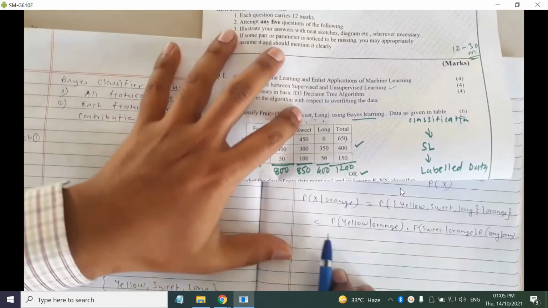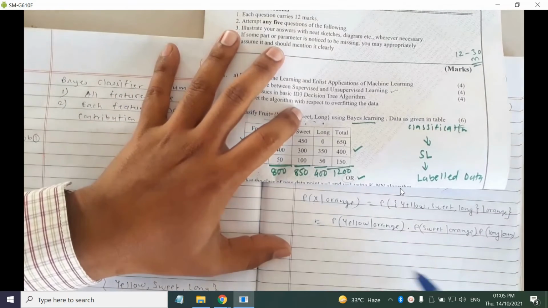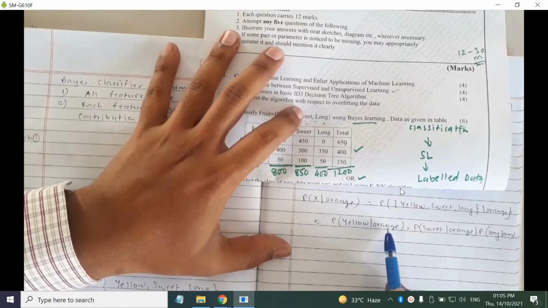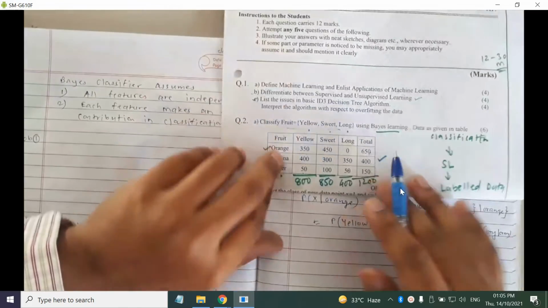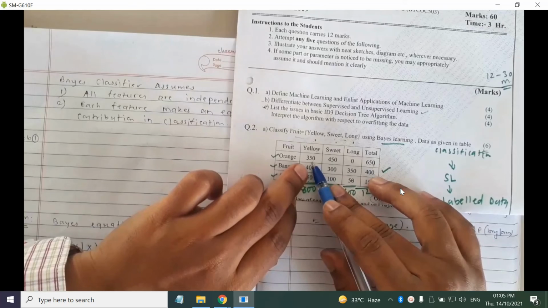So we are trying to find the probability of yellow given orange. Okay, so इसको कैसे रीड करना है? ऑरेंजेस में से, टोटल ऑरेंजेस में से कितने येलो है? So total oranges are 650, उसमें से कितने येलो है 350.